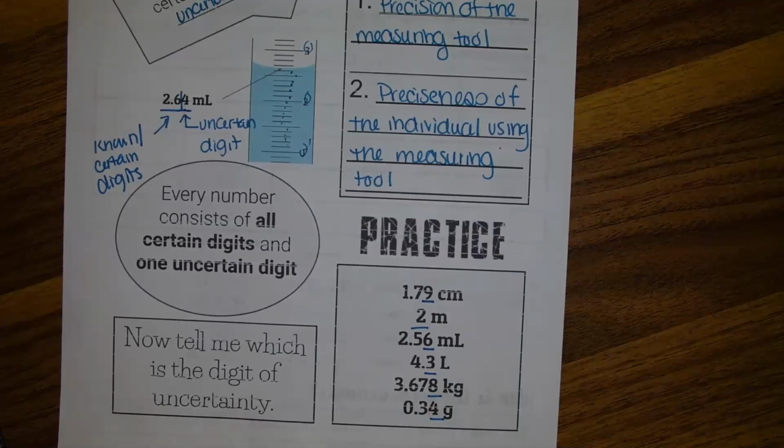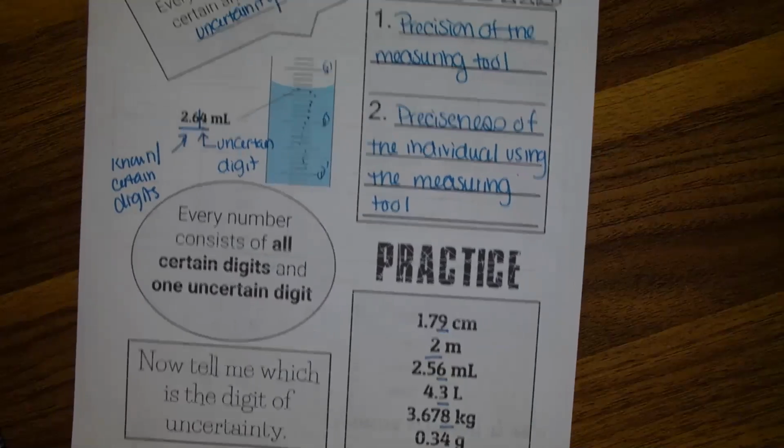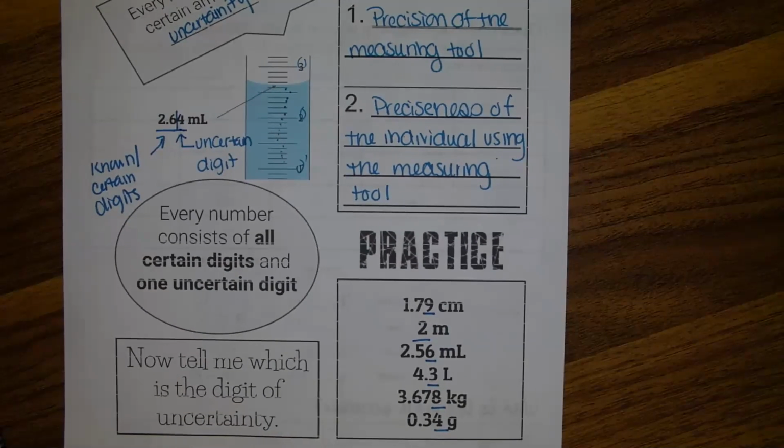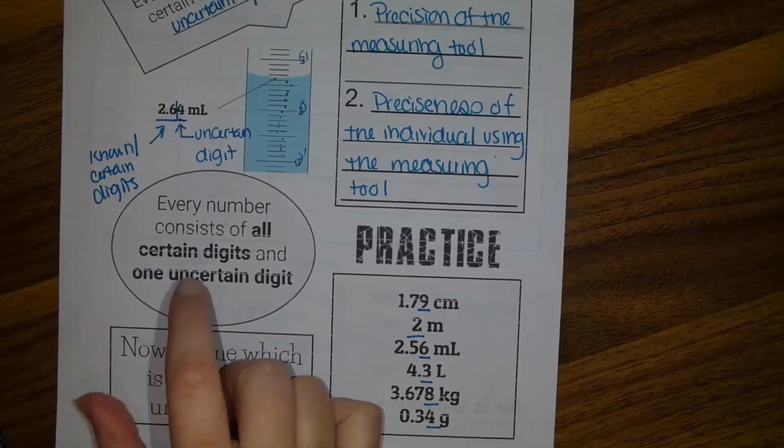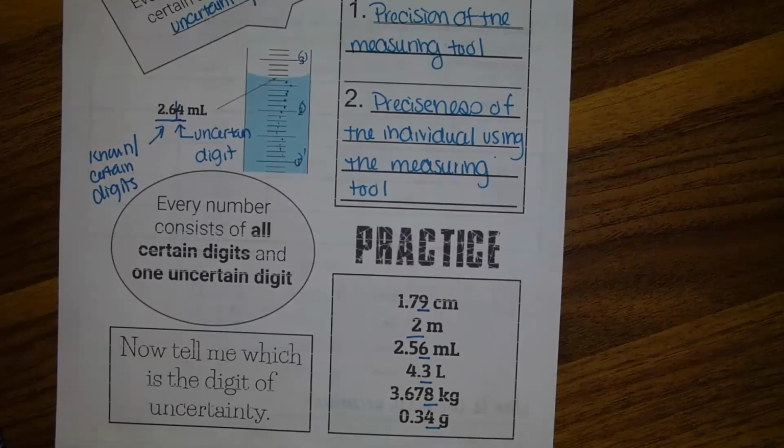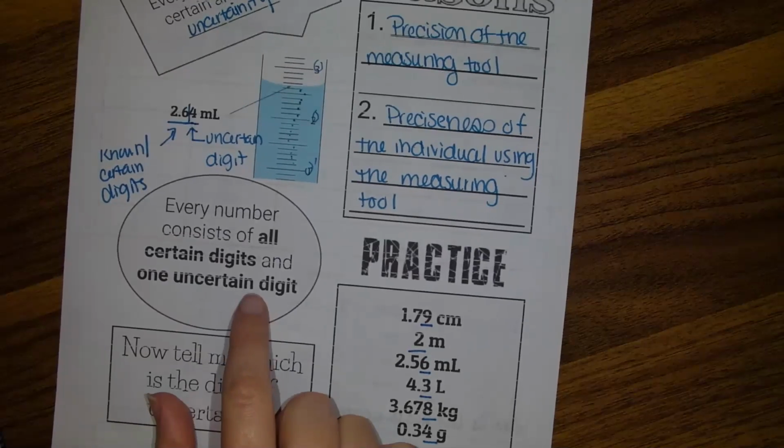Now, here's a little trick for you. How does this really apply to you? When you look at your thermometer, it is going to have a specific last digit, right? Well, that's your digit because you are taking a measurement. You're taking your temperature. That last digit on the thermometer is typically an estimated digit or a guess based off of what the device is allowed to read. If you do a forehead thermometer or any other type of thermometer, the last digit is going to be the digit of uncertainty.